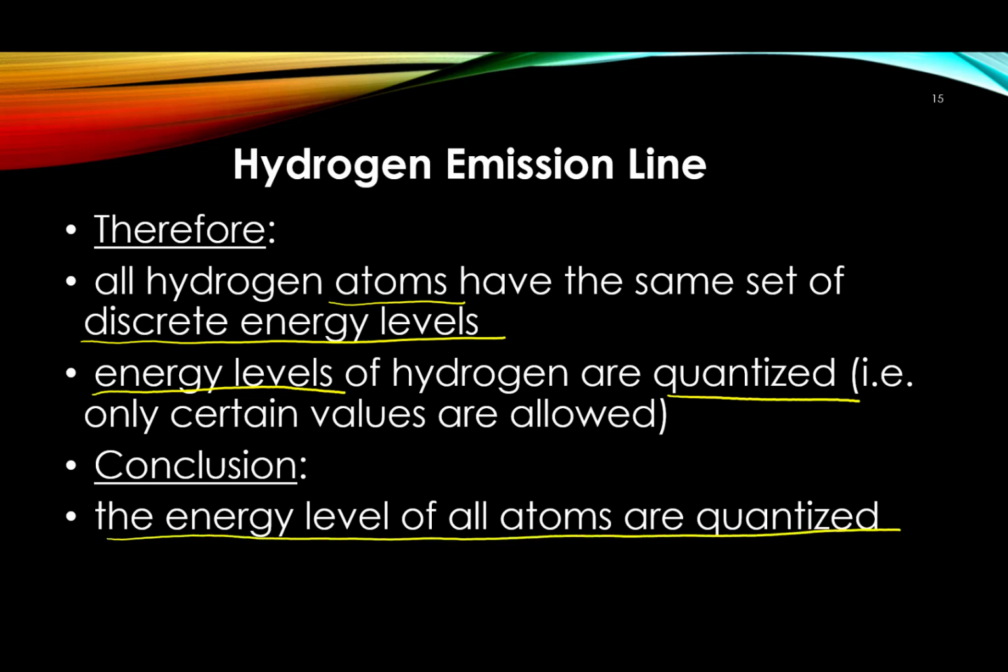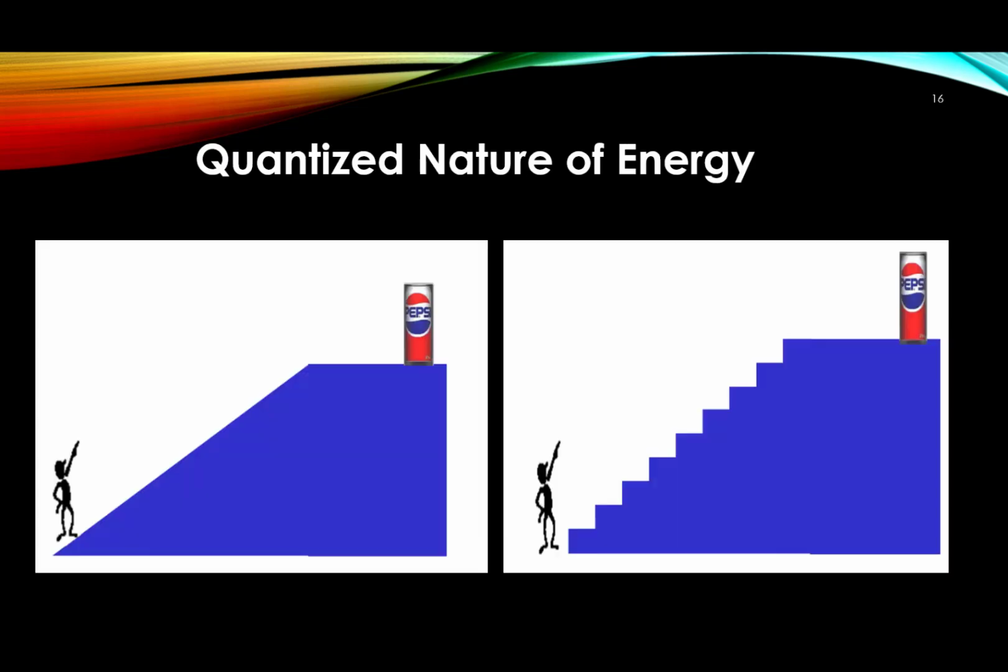That means each atom has its own energy levels, or its own emission lines. That's what it means by the fact that the energy levels for each atom are quantized. Remember how density is unique for each solution? Same thing. And this picture exactly explains the quantization of energy.